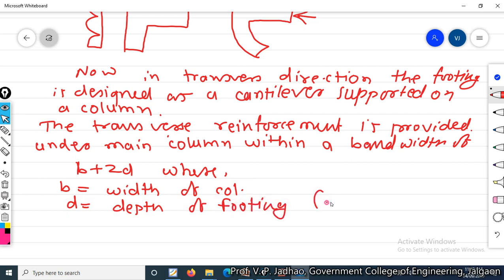We can consider this as the effective depth only.